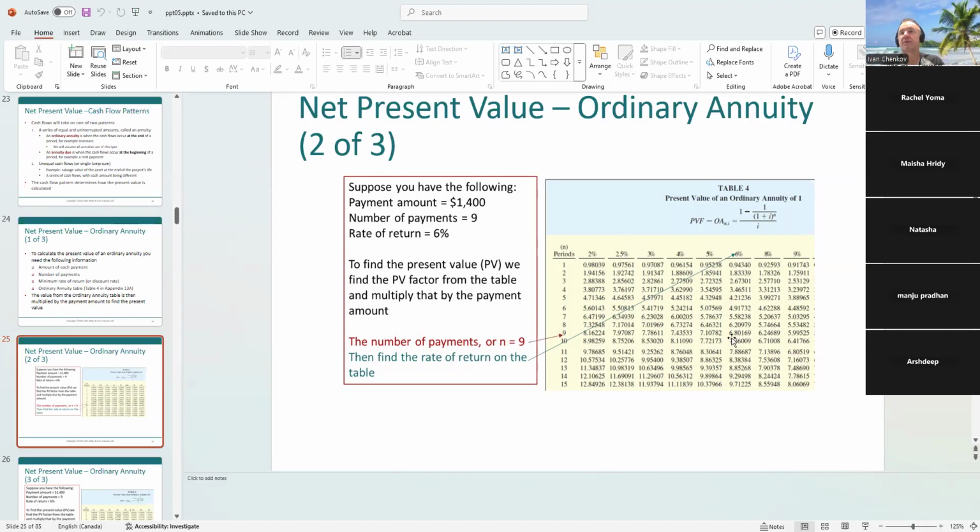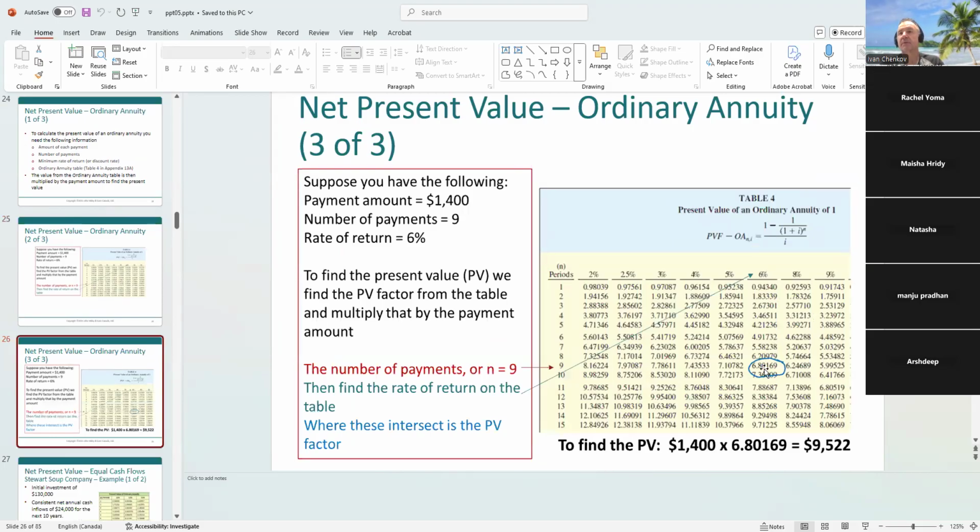Once you reach the 9 periods, you're going to get the number that you have to use to discount the cash that you're going to receive. So in this case it will be 1,400 times this number that you're getting here, and you're going to get the value of the 1,400, which you're going to receive 9 times at the end of each year, discounted at 6%, value today.